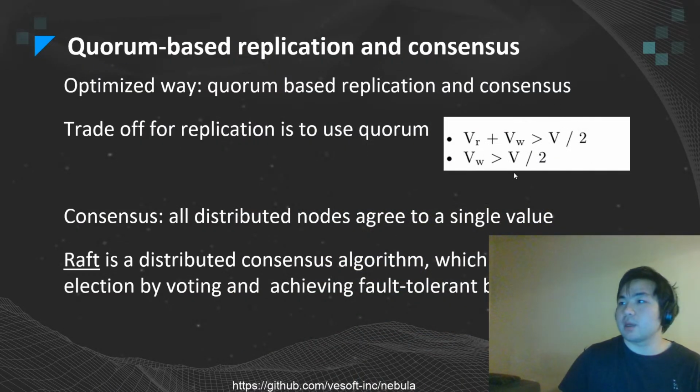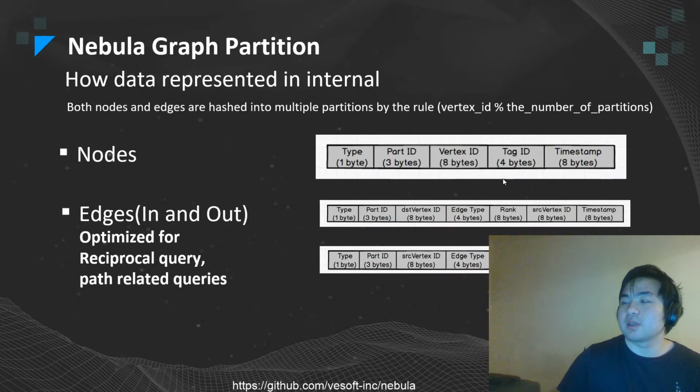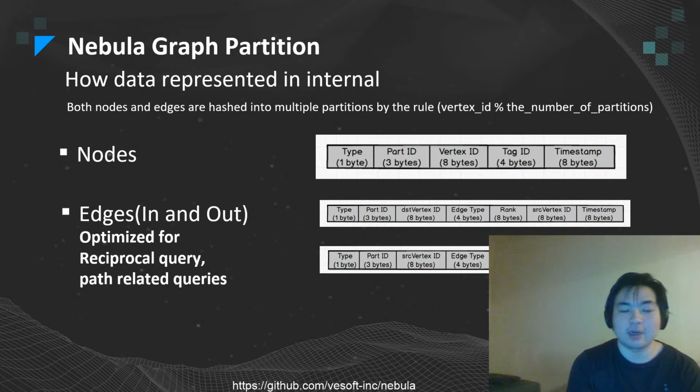So after talking about those things, we can now introduce how Nebula Graph is partitioned and replicated. Before I introduce how Nebula gets partitioned, I want to introduce the memory model in Nebula Graph.